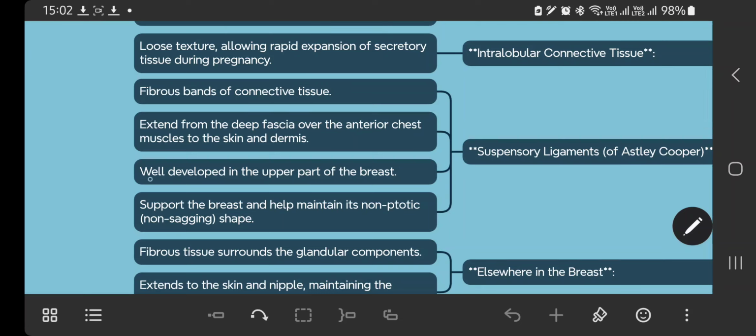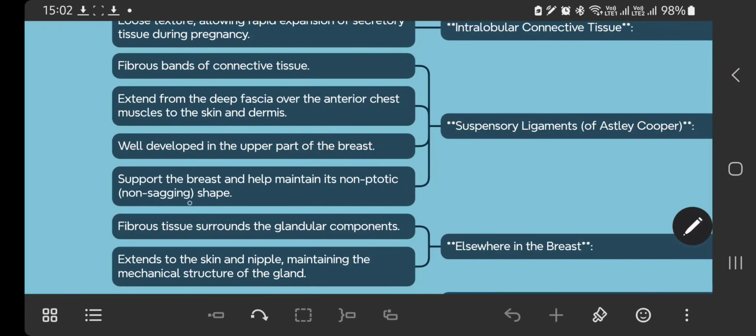It is well developed in the upper part of the breast. It supports the breast and helps maintain its non-ptotic shape. We discussed this before: the ptotic shape happens as the patient ages. The suspensory ligaments of Cooper are very important.